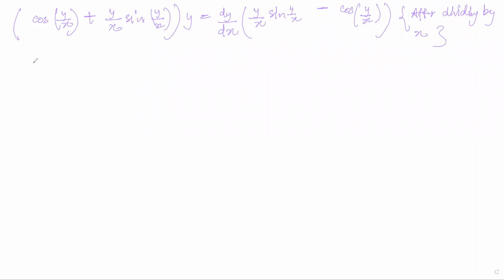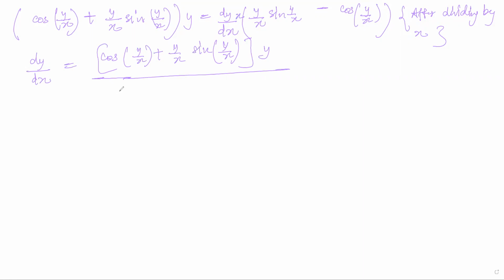Now dy by dx is cos of y by x plus y by x sine of y by x into y, okay, we are also given x here, divided by y by x of sine of y by x minus cos of y by x into x.